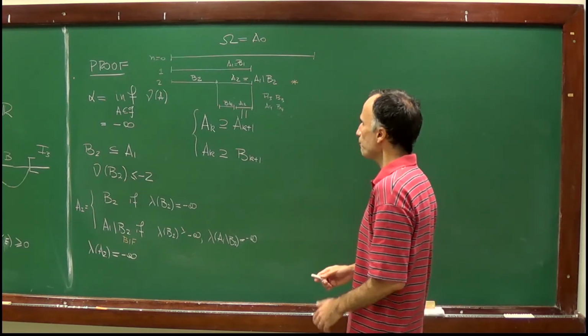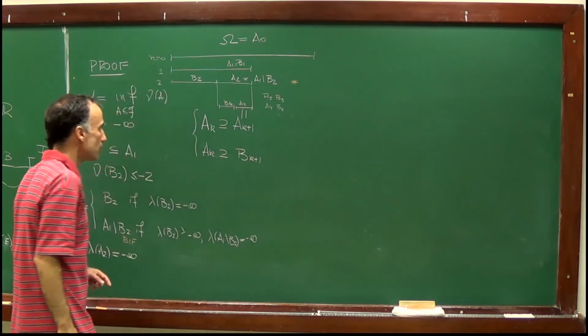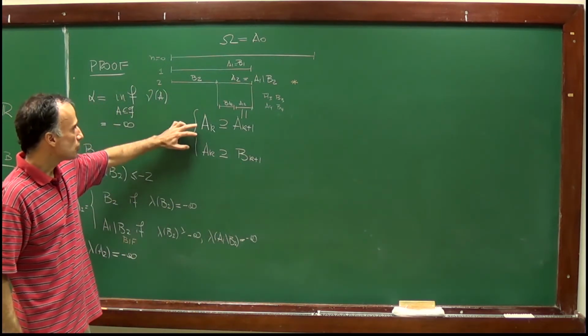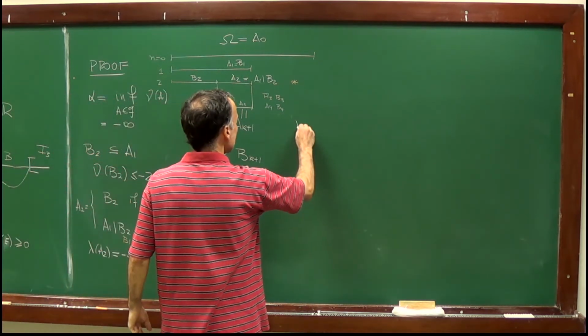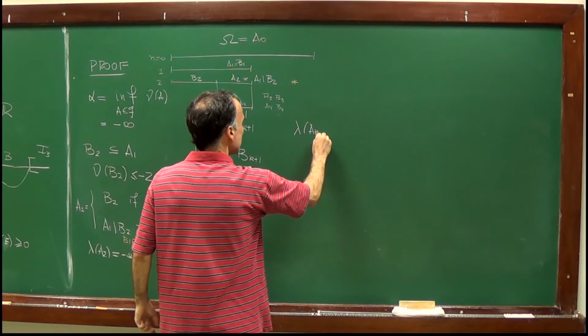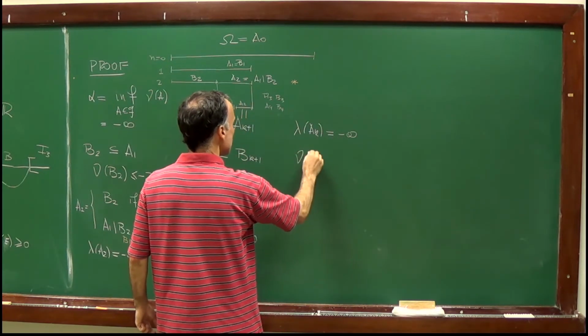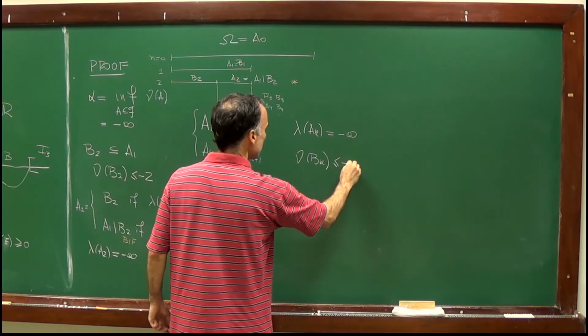So what I claim is that I can construct a sequence of sets a_k and b_k such that these two properties hold, and such that lambda of a_k is always equal to minus infinity, and mu of b_k is always less than or equal to minus k.